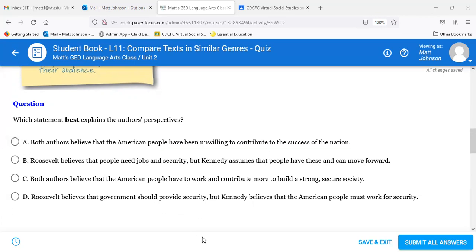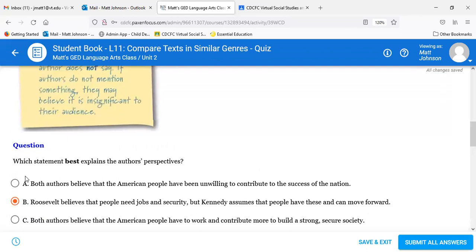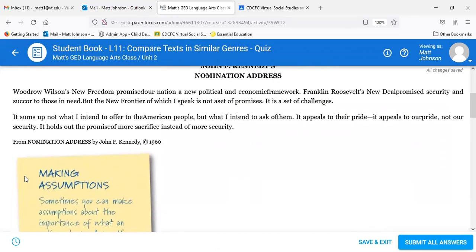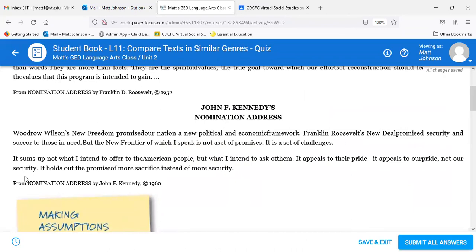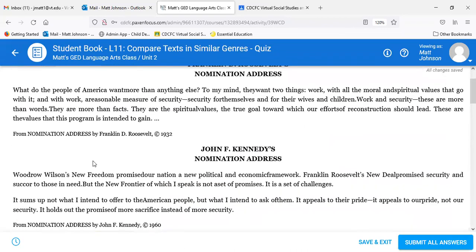So it's B, B as in boy. If you look at what they're saying there, when Kennedy mentions Roosevelt and Wilson, Wilson's New Freedom promised the nation a new political and economic framework.